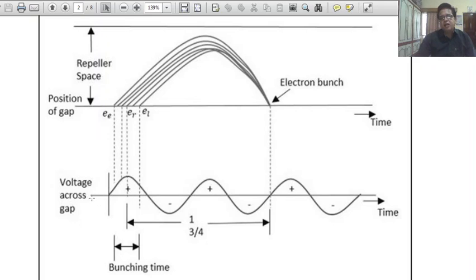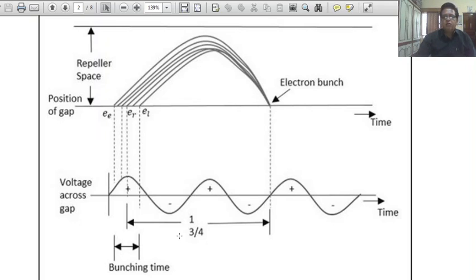So you can easily understand that in the voltage across the gap figure, the position of the cathode, the position of the gap is the position of the anode cavity, and after the repeller this position is the collector, and the x-axis is time.